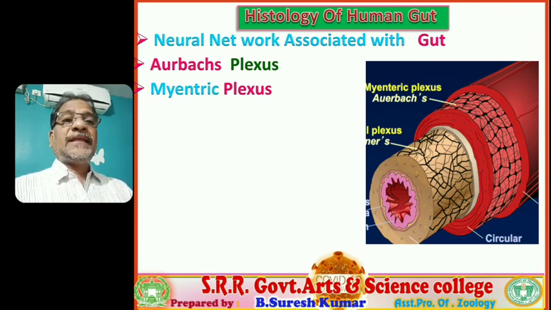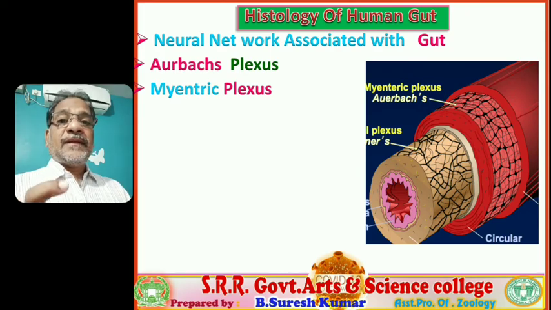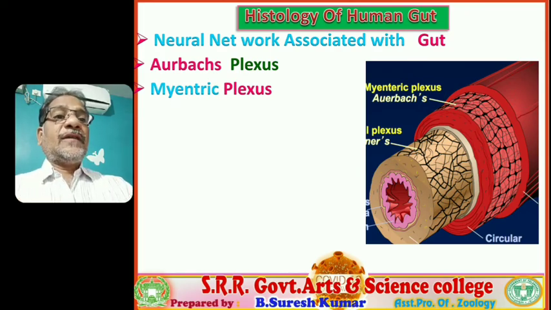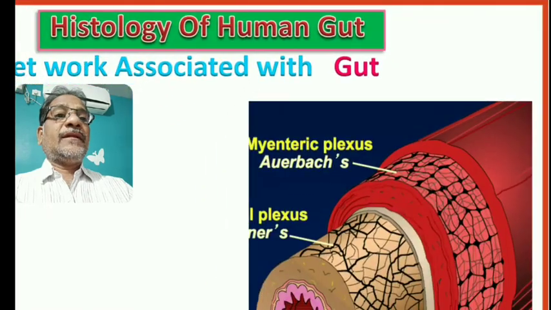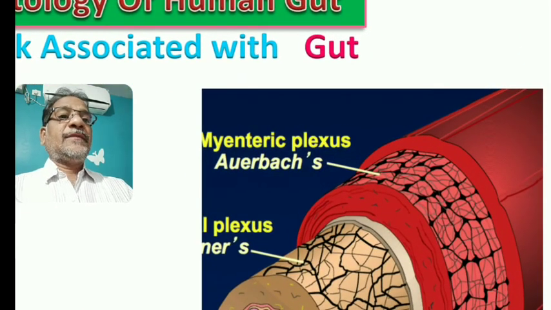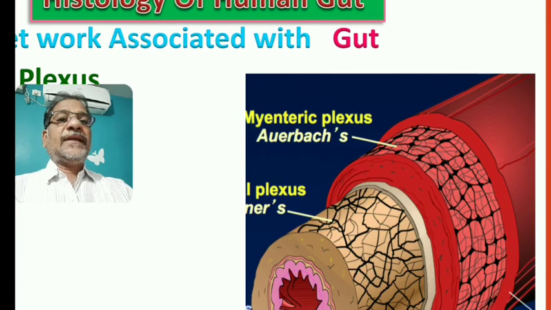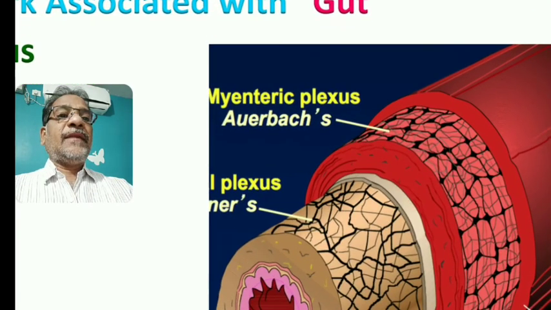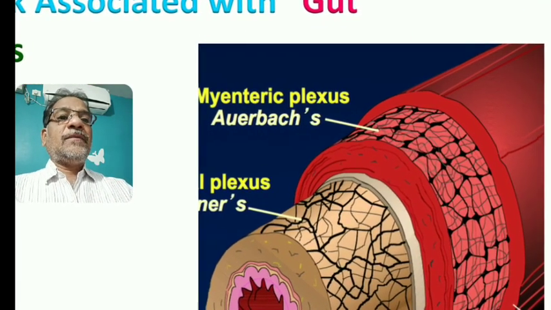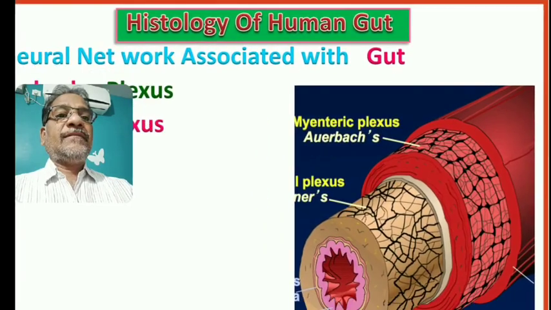So this plexus, the uppermost network, is seated in between the muscle layers. You observe in this visual the uppermost longitudinal muscle layer and the inner circular layer. In between these two layers, the black color neural network is there. That is the myenteric plexus, concerned with the parasympathetic nervous system.